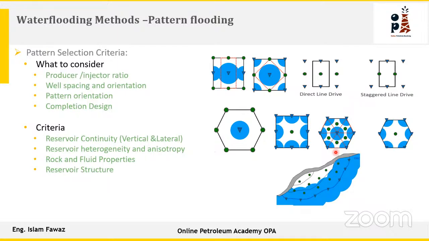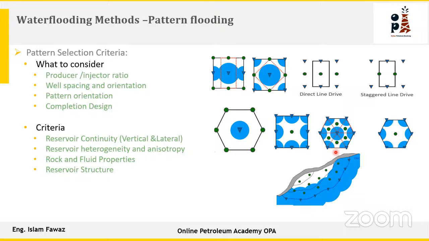If your reservoir has preferential directional permeabilities, you have to design for this point. If you have a preferential direction in the northeast, you don't inject in this direction. You have to inject from another direction in order to avoid early water breakthrough. And also the completion design. This is what's called conformance review.